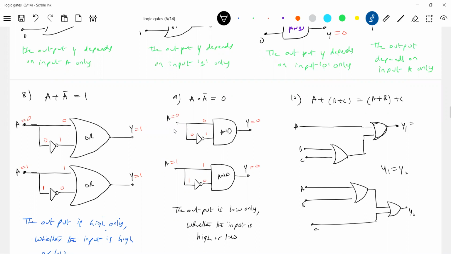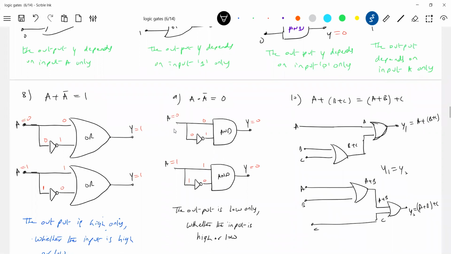What is y1? What is the input here? B plus C. So here A will come. So how much will it become? A plus B plus C. Here how much will it be? A plus B. Here this is C. And both will be equal.